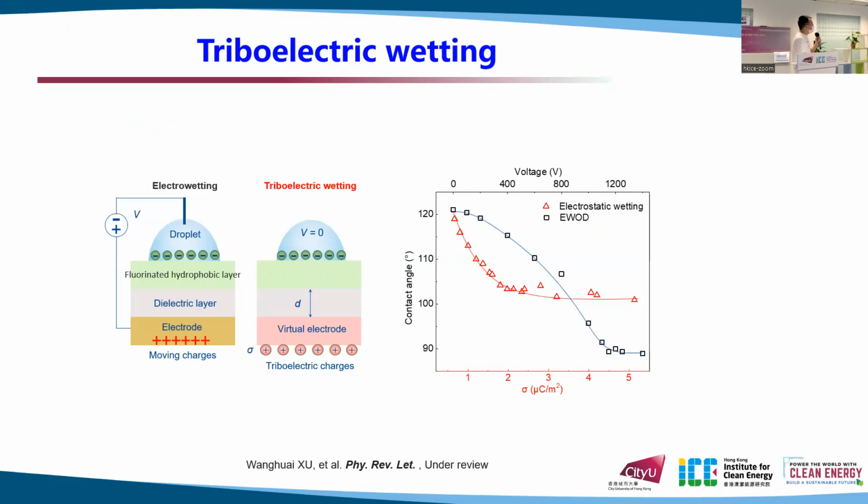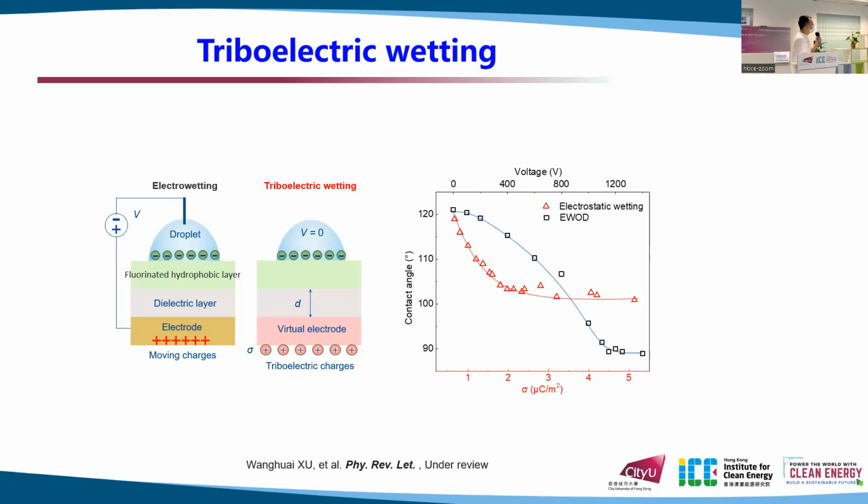To resolve these problems, we propose a triboelectric wetting method to achieve droplet motion control. The key of our design is a molecular layer that can store electrostatic charges from contact with other objects.